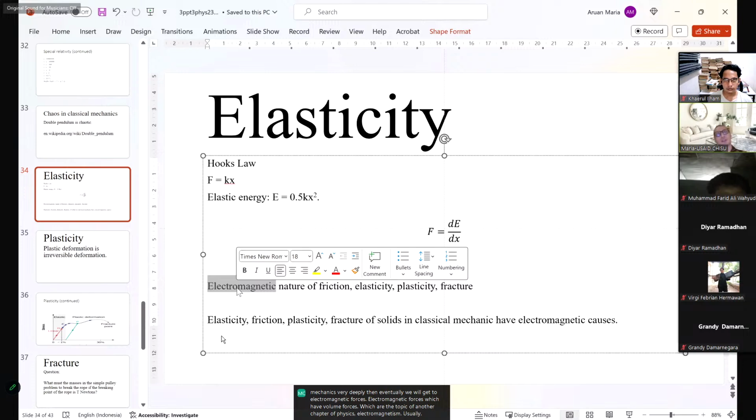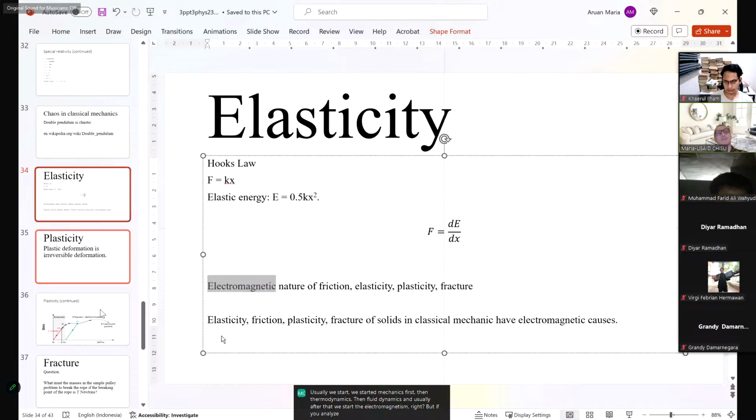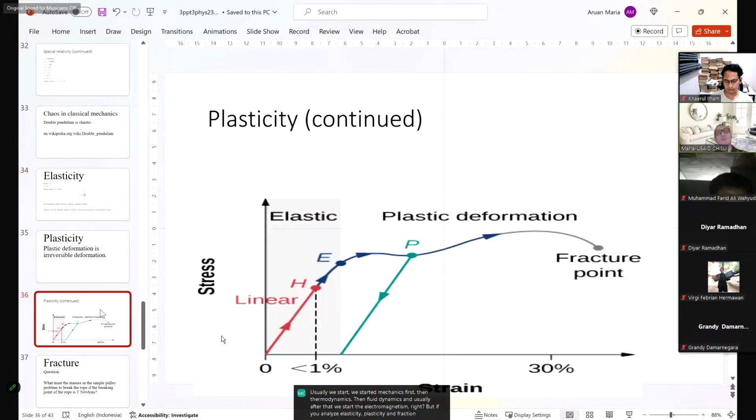Usually we study mechanics first, then thermodynamics, then fluid dynamics, and usually after that we study electromagnetism, right? But if you analyze elasticity, plasticity, and fracture deeply enough, you will find that the physical foundation of these processes is electromagnetism. In other words, attraction and repulsion between charges, okay?